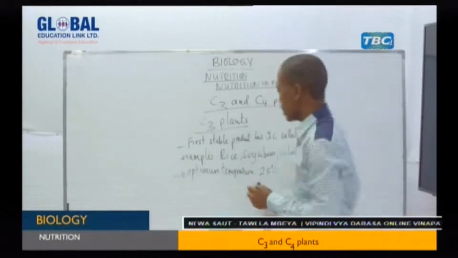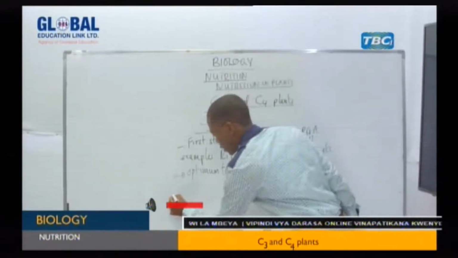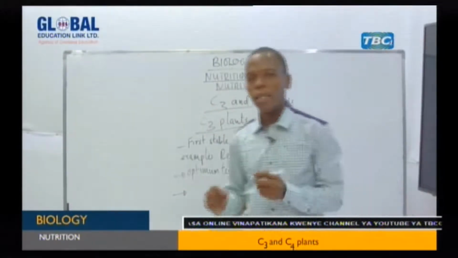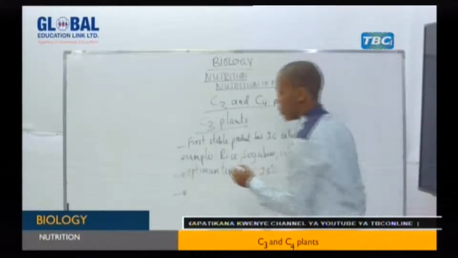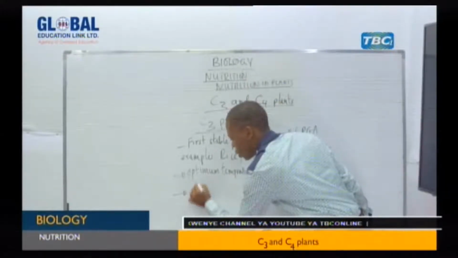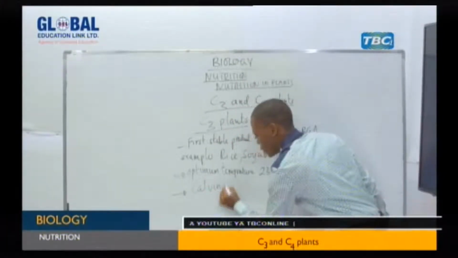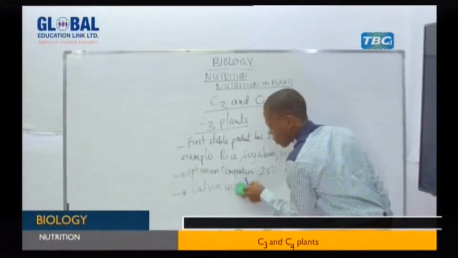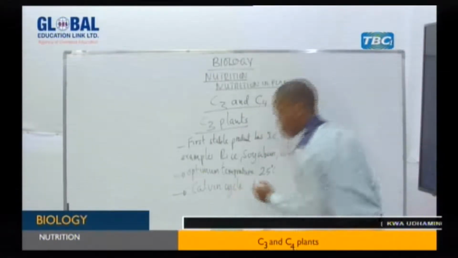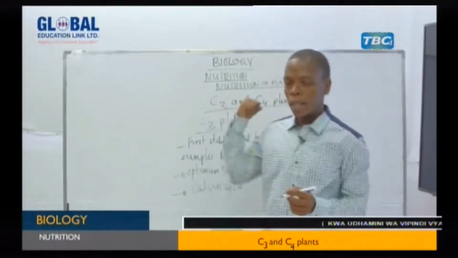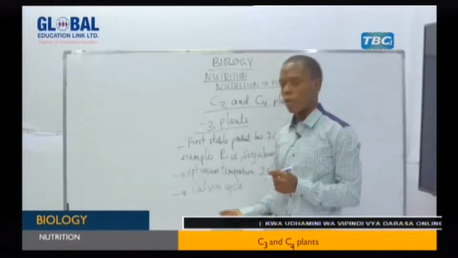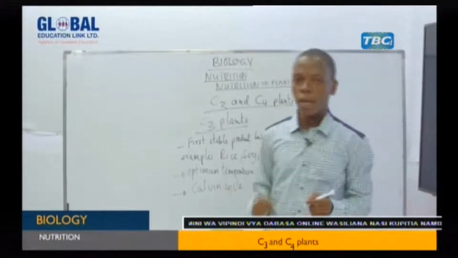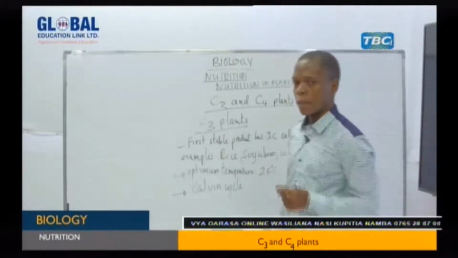Also, in C3 plants, photosynthesis is by means of the Calvin cycle. In the last session, we talked about this Calvin cycle, which is one of the cycles that occur in C3 plants.